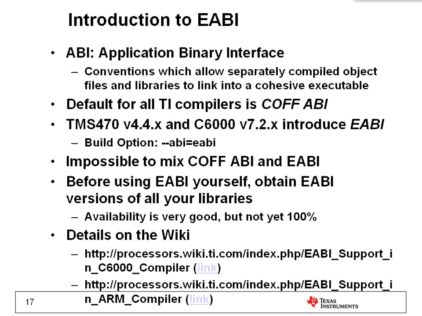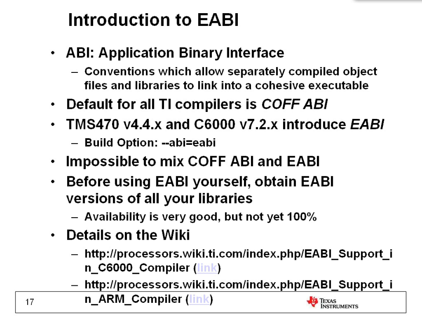Okay. Now, I understand a lot of you are obtaining libraries from other vendors or from some other part of TI. If you want to go off into EABI, step number one is to make sure that you can obtain EABI versions of all your libraries. These days, especially for C6000, that's easily done.